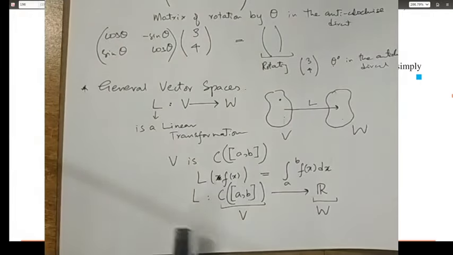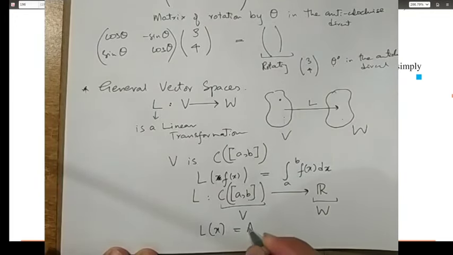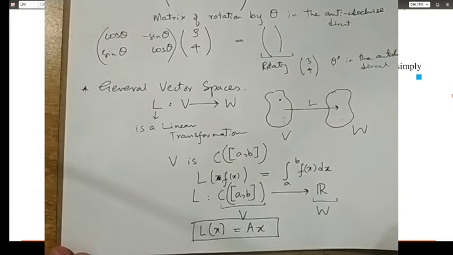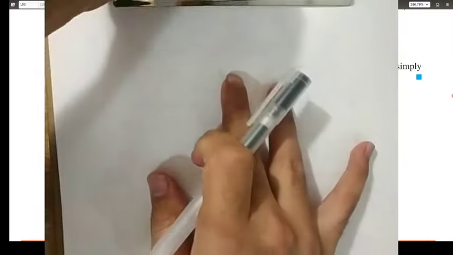The question is, can we find some matrix A, and can we express this as L of x equals A x? That should be a little confusing if you're following the logic of the previous theorem, because now V is not Rn, so how would we even describe this? But let's suppose we're describing some general space.